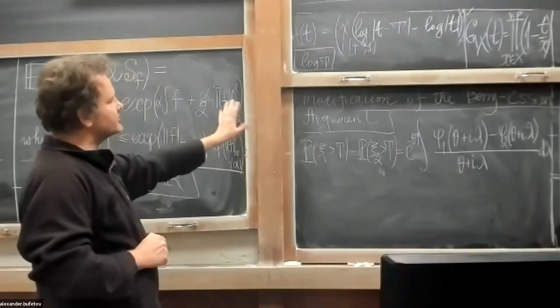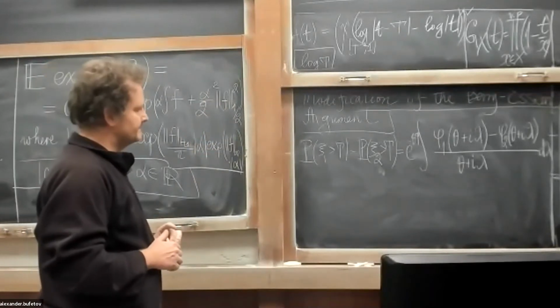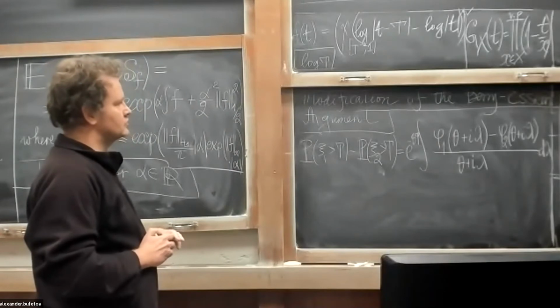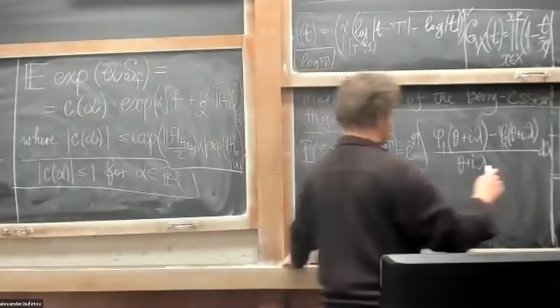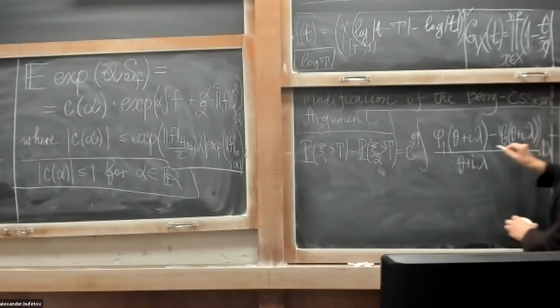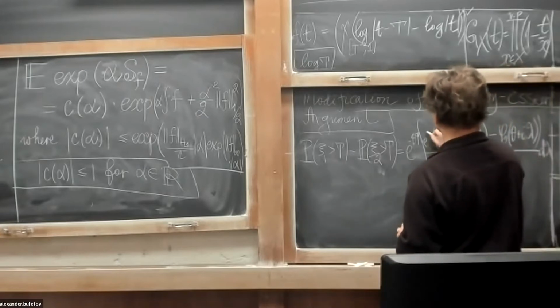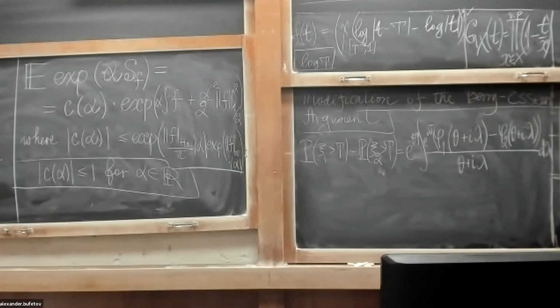Maybe I need to take some averaging, but let's just write it in this very naive way. Oh, this is perfect. There is, of course, also e to the i lambda t, but it will disappear in absolute values. Okay, so now I take absolute values.